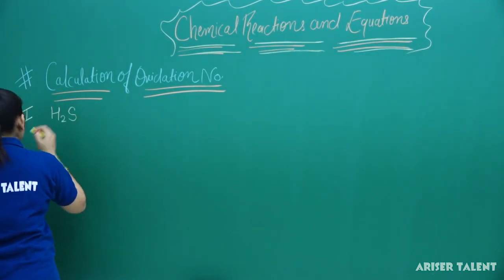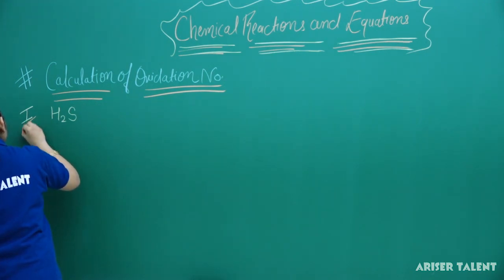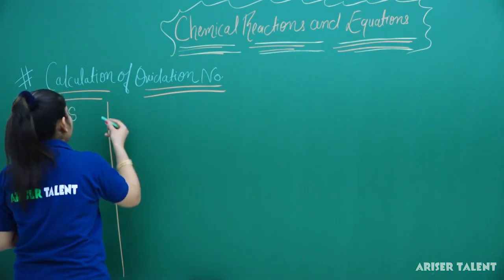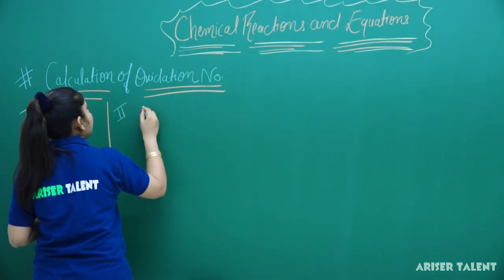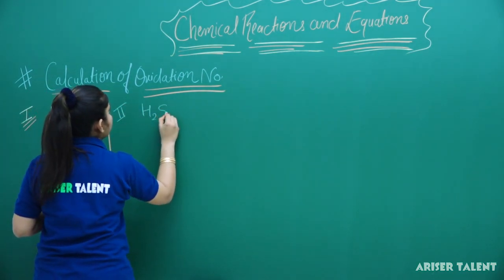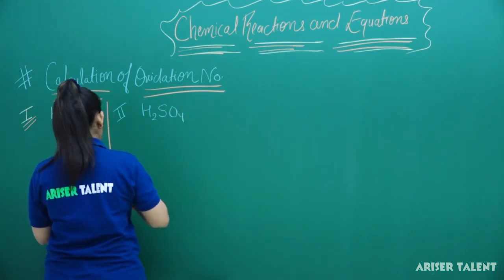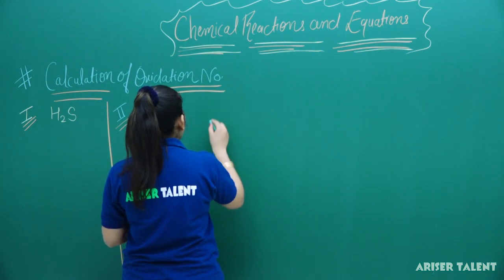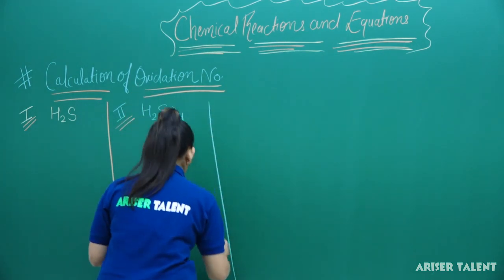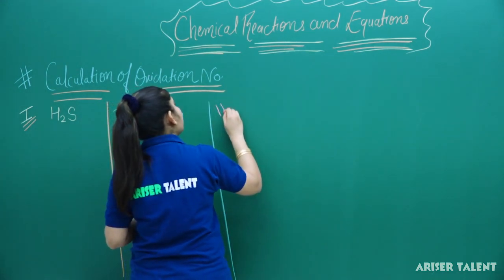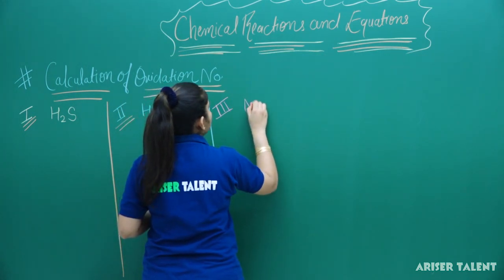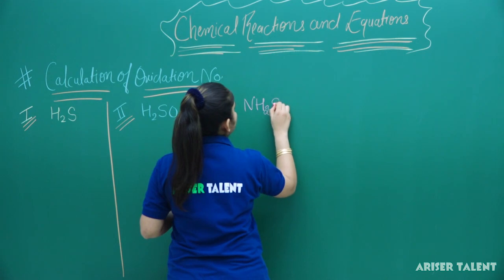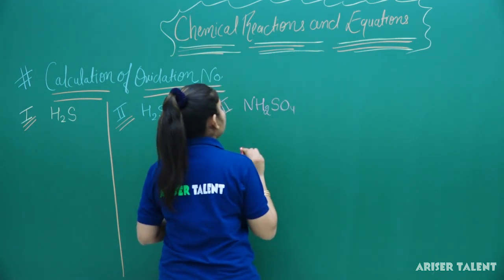H2S, that is hydrogen sulfide. Then our second element is H2SO4. Then we have our third element, NH2SO4.